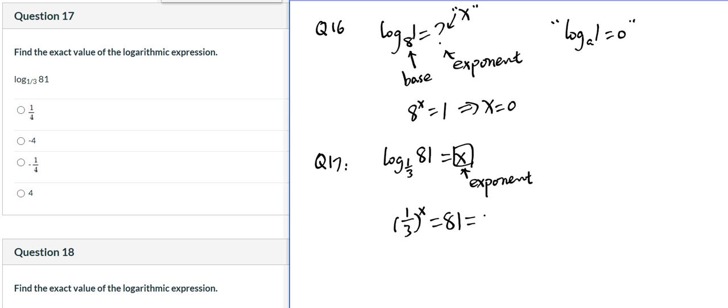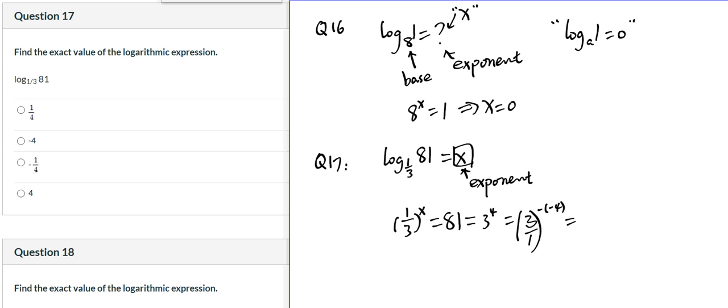81 we know is 3 to the 4th, and that's 3 to the negative 4. Here is 3, which is 3 over 1.